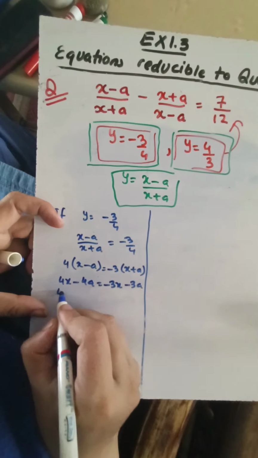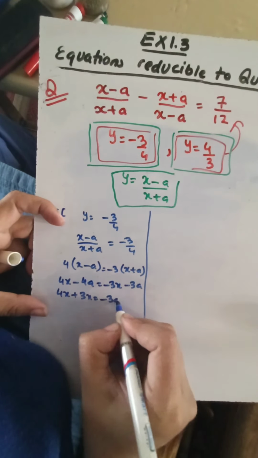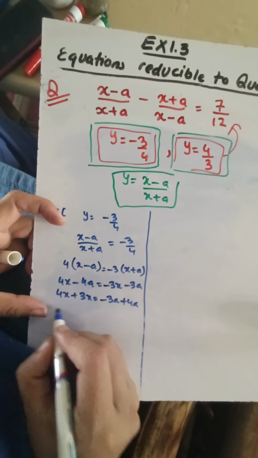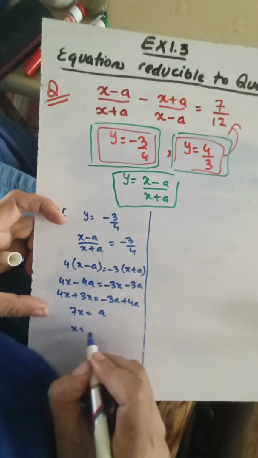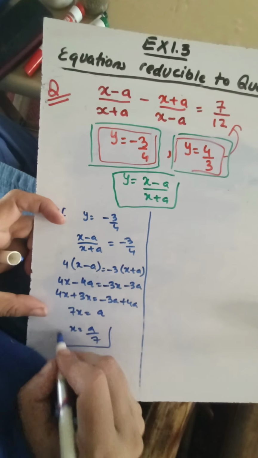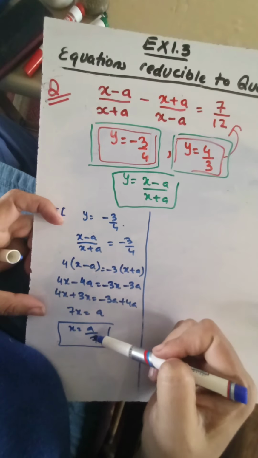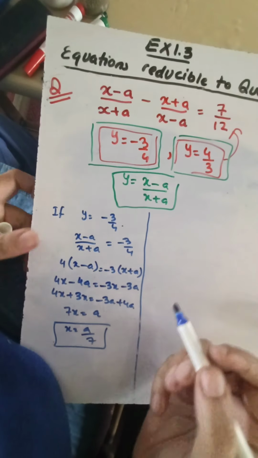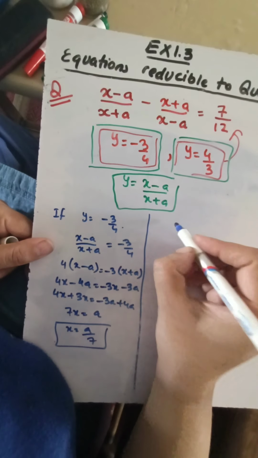This will be 4x plus 3x equals negative 3a plus 4a, so 7x equals a, so x will be equal to a by 7. So as you may see, by using these values of y, we reach the values of x which satisfy this equation. Okay, now what was the second value of y?